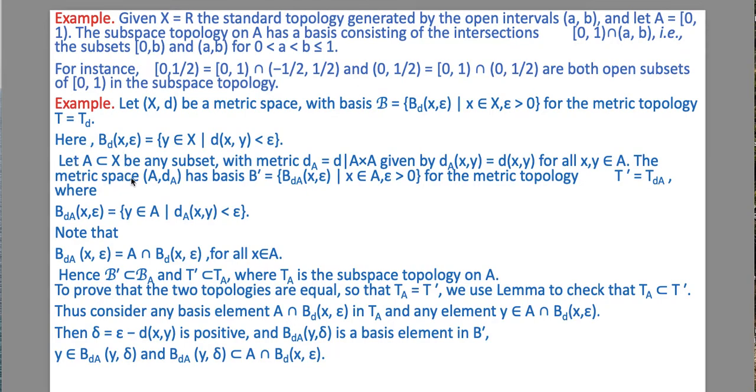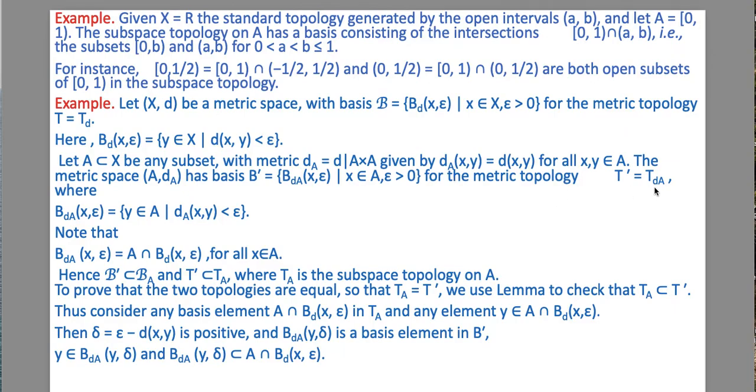Suppose A is any subset with metric d_A equal to d restricted to A × A, given by d_A(x, y) equal to d(x, y) for all x, y belonging to A. The metric space (A, d_A) has basis B' which is equal to B_{d_A}(x, ε), where x belongs to A and ε is greater than 0, for the metric topology.